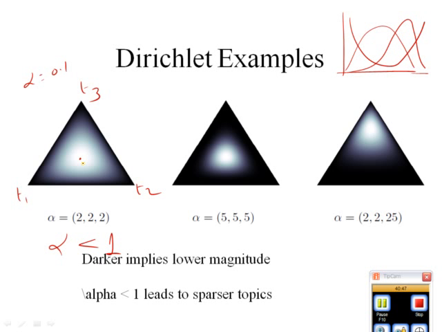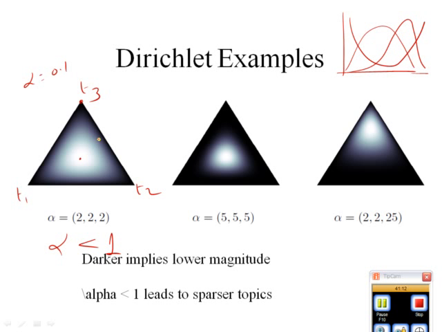That point is looking white, which means it's been given high probability. Whereas this point here is 0, 0, 1, because topic 1 is 0, topic 2 is 0, topic 3 is 1. According to this distribution, this point is given very low probability. That's why it's looking dark.